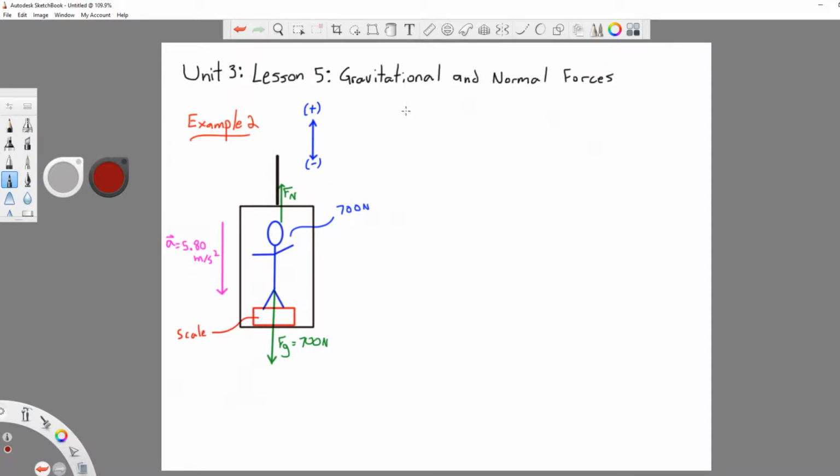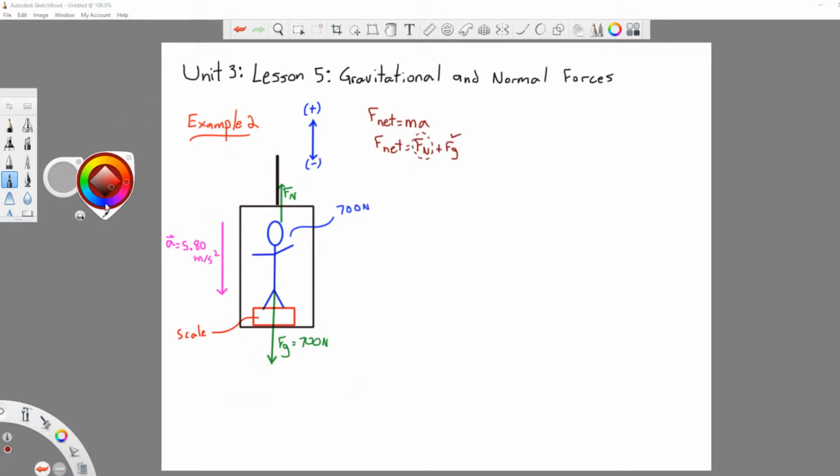Fnet is equal to mass times acceleration, and Fnet is equal to the sum of our forces. So force normal plus force of gravity. Okay, we are ultimately looking for force normal. We have force of gravity, but we can't find Fnet without mass. So step 1, let's find mass.